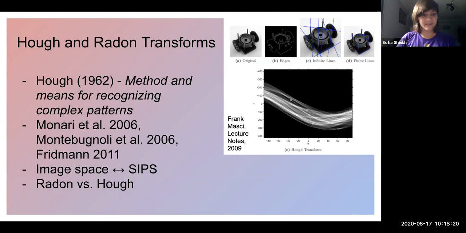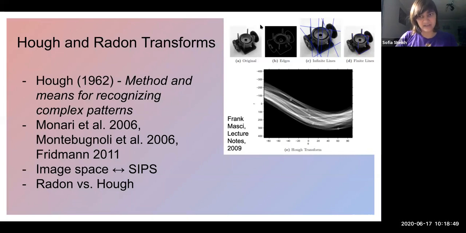It can find both infinite lines and finite lines, which is pretty cool. And this combination of sine waves that looks very pretty, in my opinion, is what that slope-intercept parameter space looks like. Anywhere you see a bright spot in that image is the corresponding slope and intercept of a line that it's picked up as a bright feature.